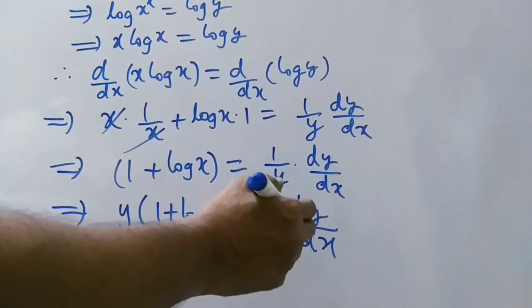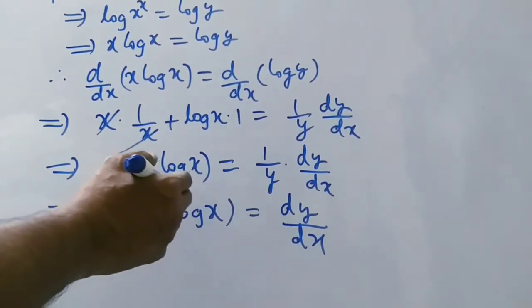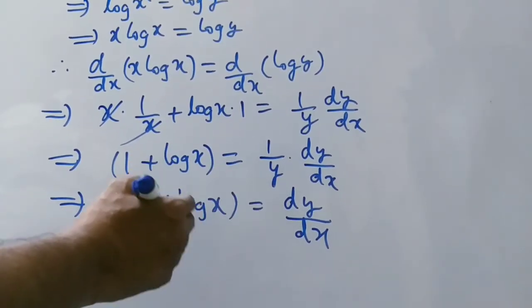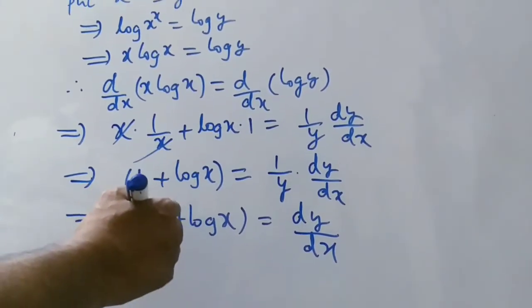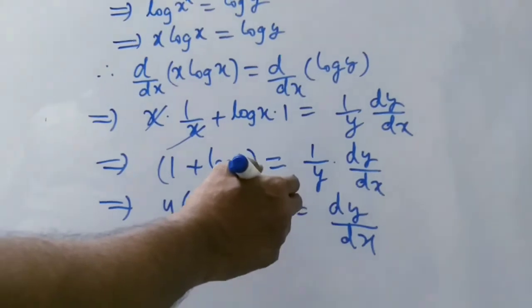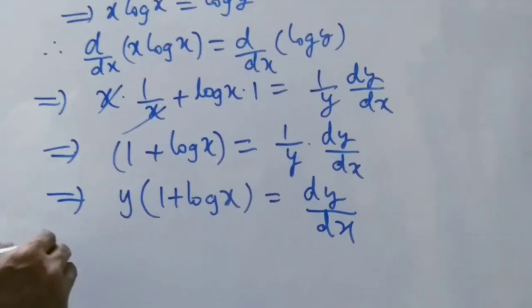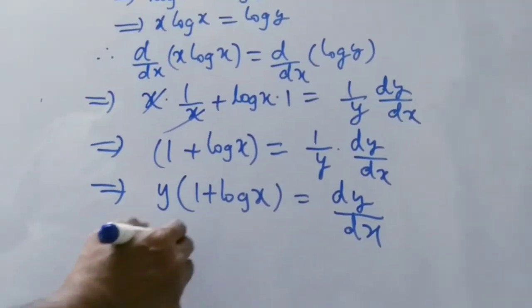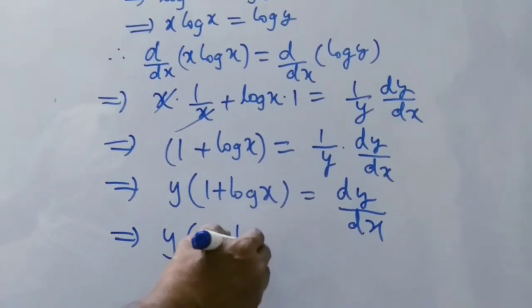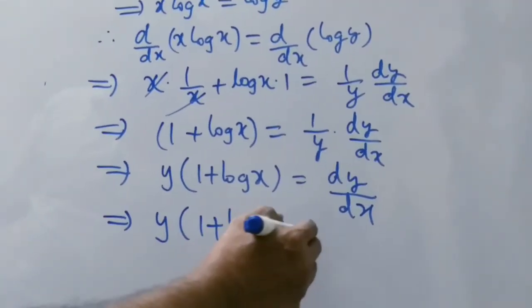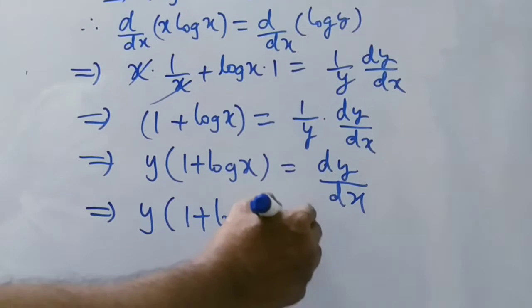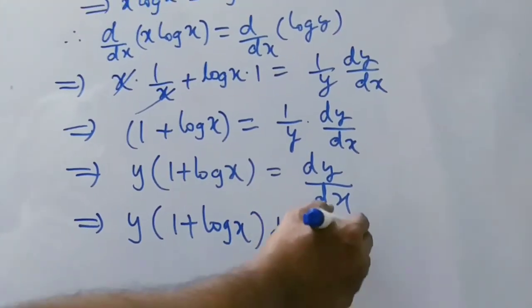If this dx is transposed to the left side, it becomes a multiplication: y into 1 plus log x into dx is equal to dy.